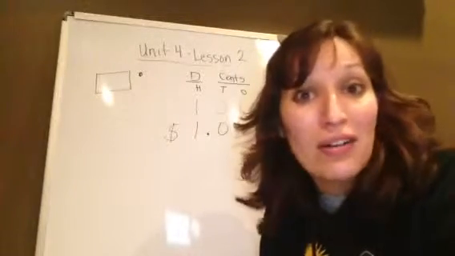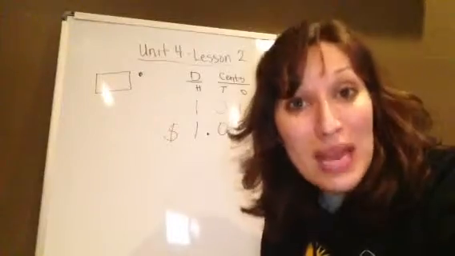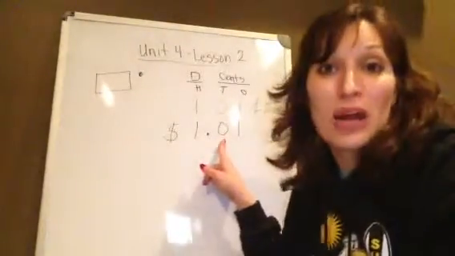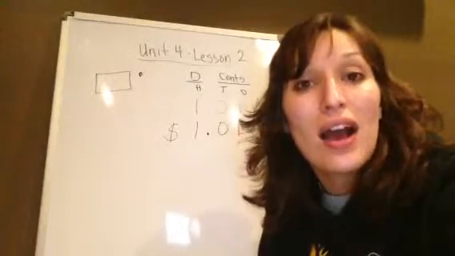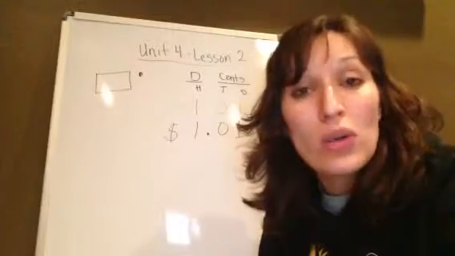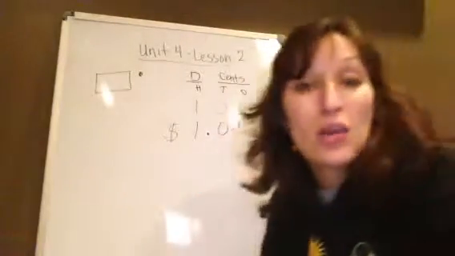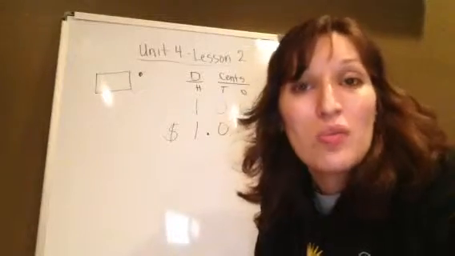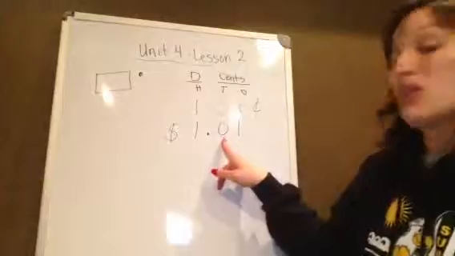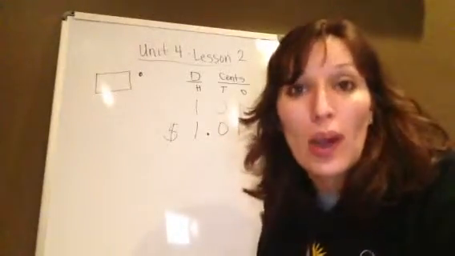Even if you have a nickel, it is not the same as a 10, but it can help make a 10. We're going to use the 0 in the 10 spot until we get 10 in change, okay? Once we get 10 or more, then we have to start using our 10 spot and showing it with numbers. But when we have change that is less than 10, then we're going to put a 0 in the 10 spot and then put the correct digit in the 1 spot to show how much we have.